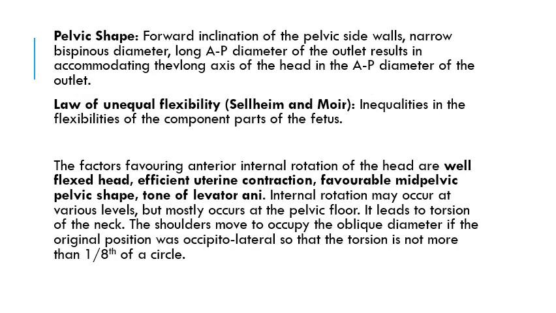The second theory is the pelvic shape. Forward inclination of the pelvic side walls, narrow bispinous diameter, and long anteroposterior diameter of the outlet result in accommodation of the long axis of the head in the long anteroposterior diameter of the outlet. Next is the law of unequal flexibility.